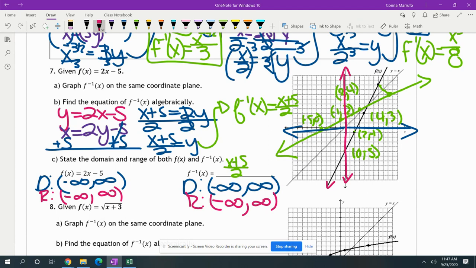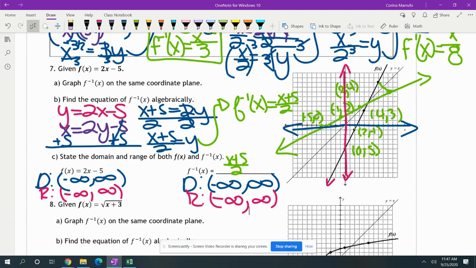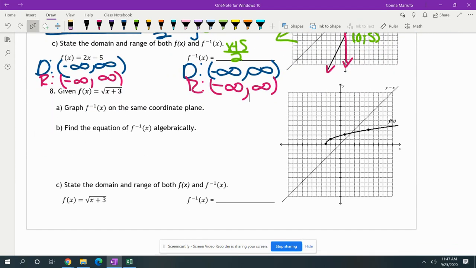All right, the next section says, given f of x is equal to the square root of x plus 3, graph f inverse of x on the same coordinate plane. So I'm going to show you how to graph it by reflecting it across. So here it is 1 unit away plus a little half to this line. So you go the same distance, half, and then 1 unit, and there's the first point. I'm going to erase these lines so it doesn't get super messy.